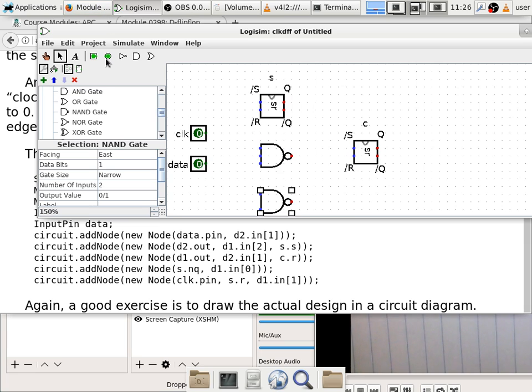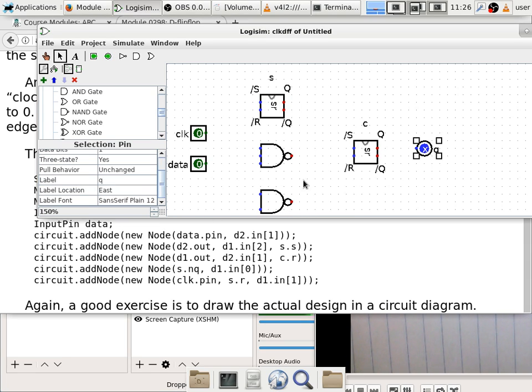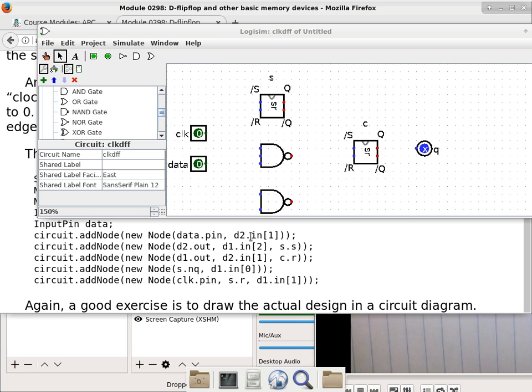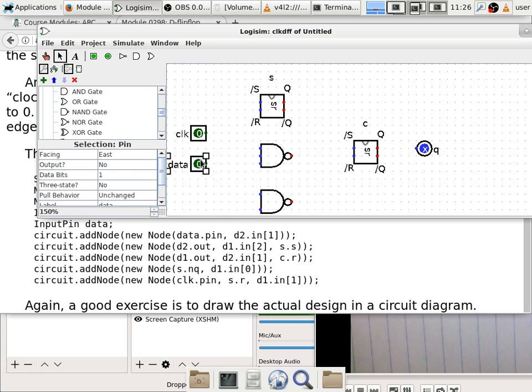Oh, there are 2 output pins that I'm missing here. So here's Q, and we'll just do Q because not Q is not really that useful anymore. Alright, so data pin goes to D2.in, so this one is easy. It just goes to the second input of the second gate. There you go.